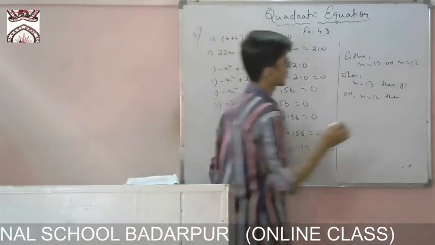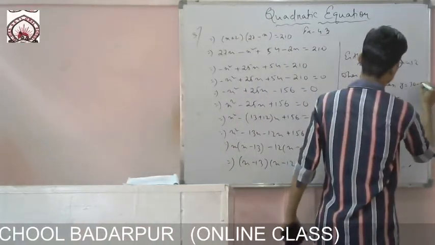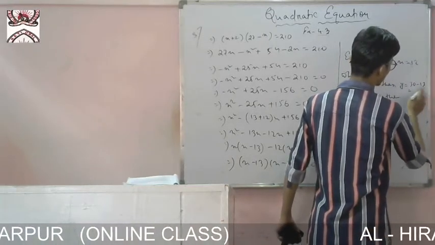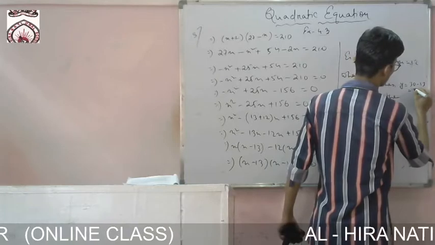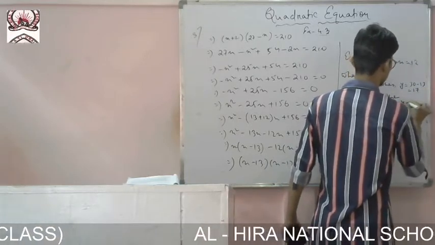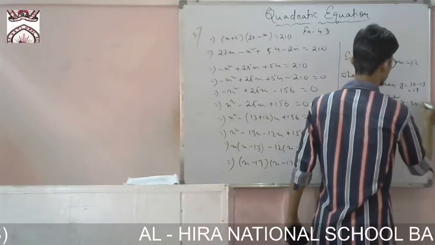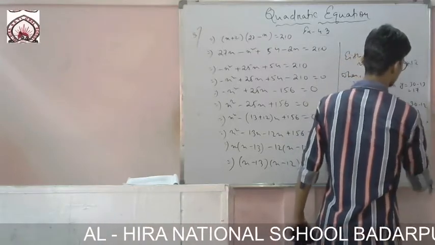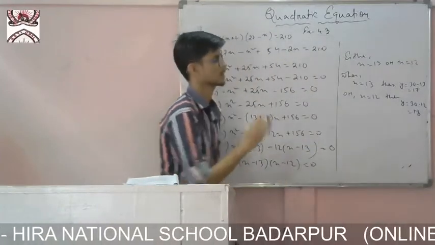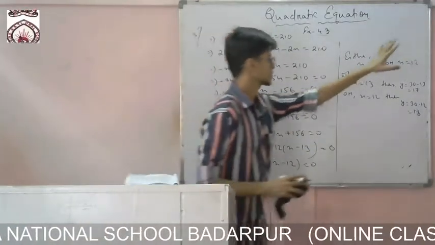So 30 minus 13, it is coming 17. And y will be 30 minus 12, so it is coming 18.